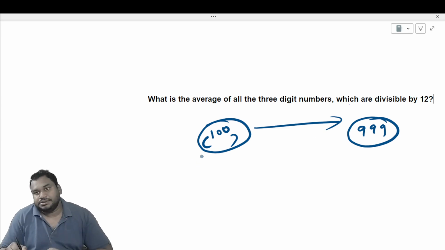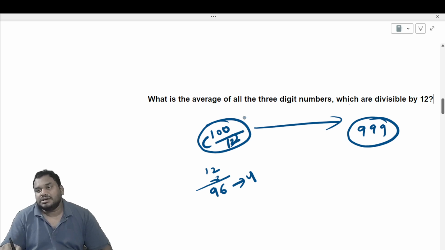Okay, now what is the first number which is divisible by 12 that I need to find. For that, 12 8s are 96. What is the remainder for 100? 4. If I divide this 100 with 12, 12 8s are 96, I am going to get the remainder as 4.